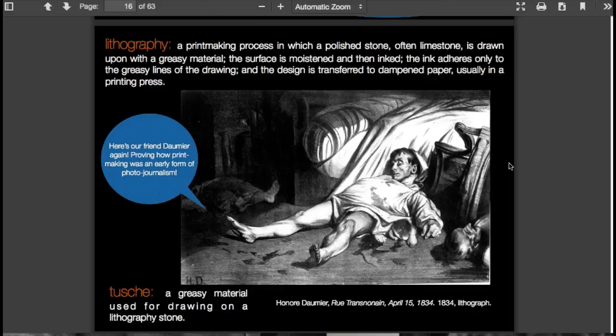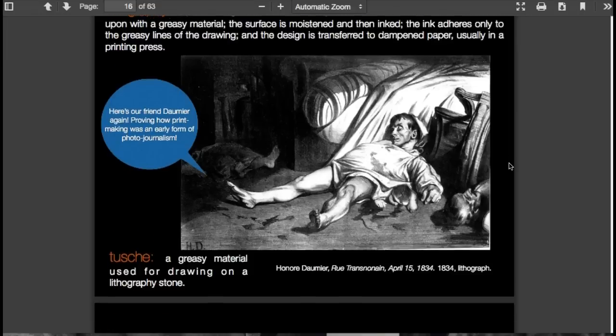So this really helped ignite a lot of things in us, and having this printmaking process really expedited a lot of stuff in the world. Be aware of that: before we had photography, we had prints, and they were really useful in getting information out there.